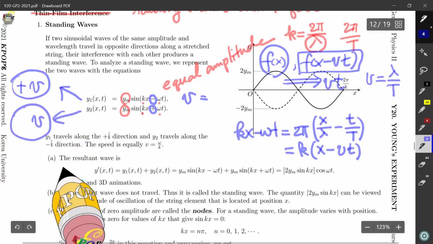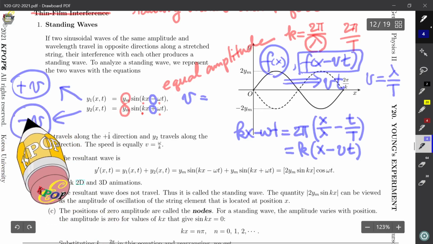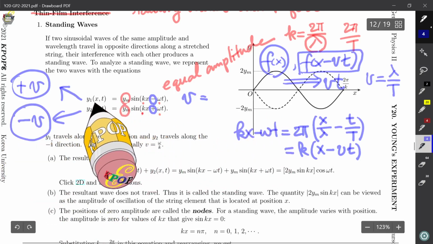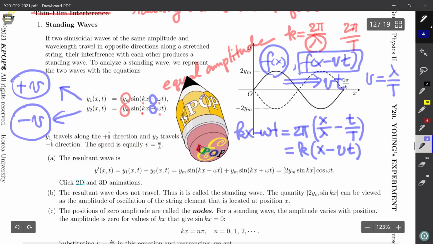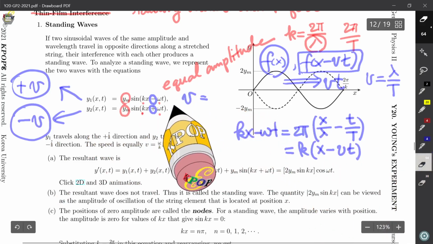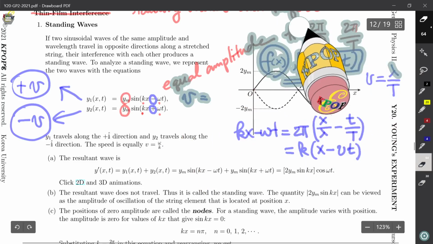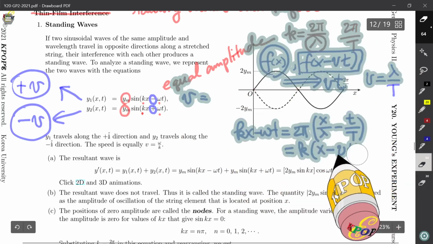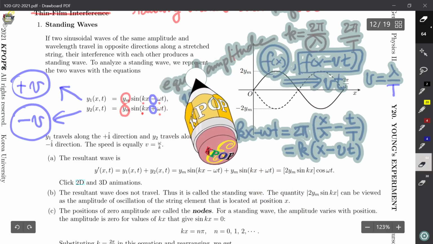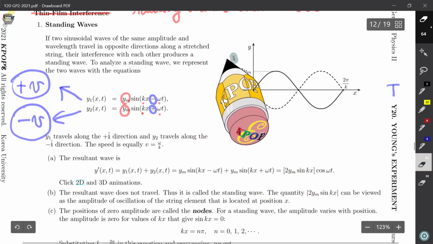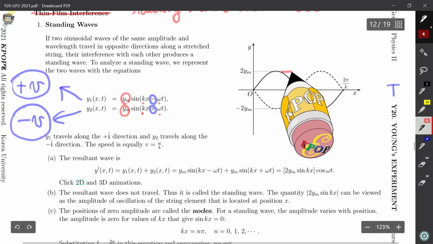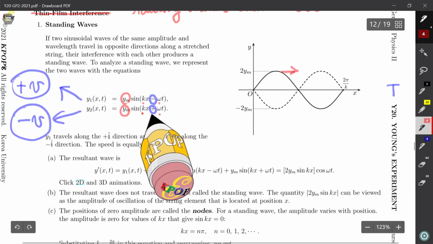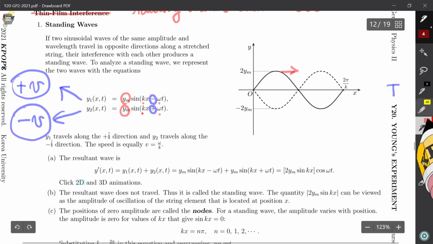The only difference is the sign. So the upper wave propagates to the right. The lower wave propagates to the left.